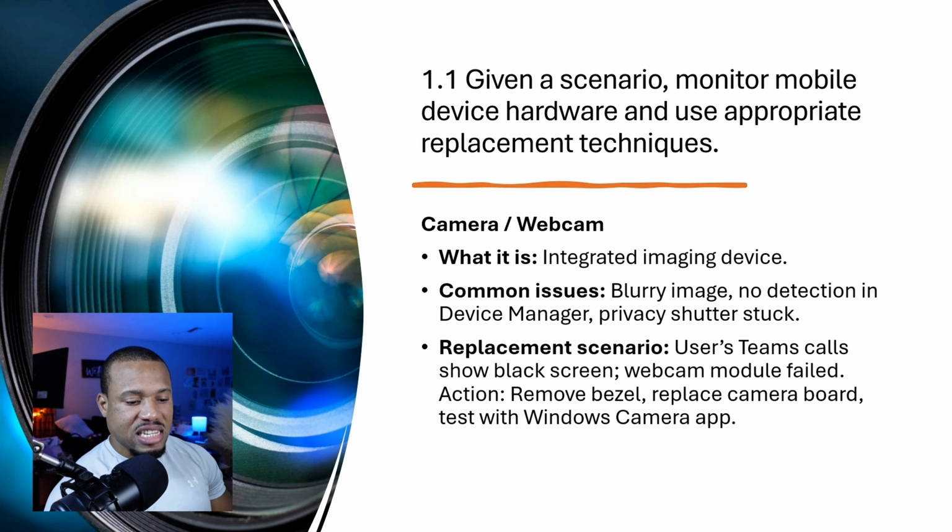The replacement process involves removing the bezel, swapping out the camera board, and testing functionality with the Windows Camera app to ensure the new module is working properly. Also, making sure that drivers are updated on the device will definitely help with making sure that the cameras and webcams that are being used are working properly.